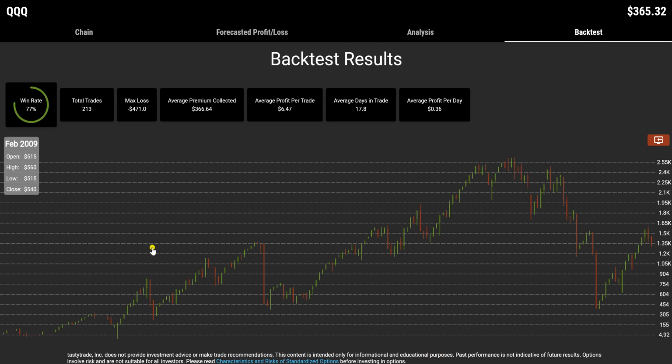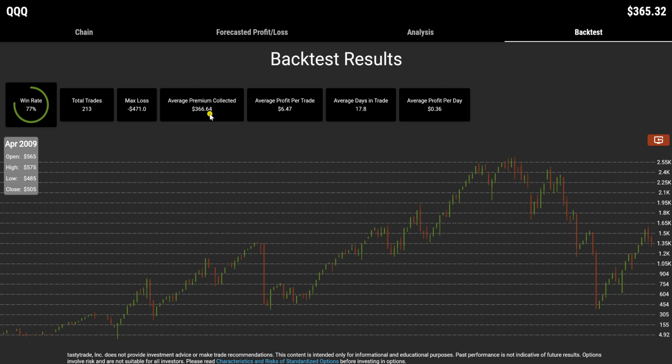So now it gives you a backtest, and this one goes back to 2004, so 17 years of data. And you can see this 30 delta strangle, how it would have done over the years with those certain parameters. So you can see 213 trades, max loss of $471, which isn't bad at all.